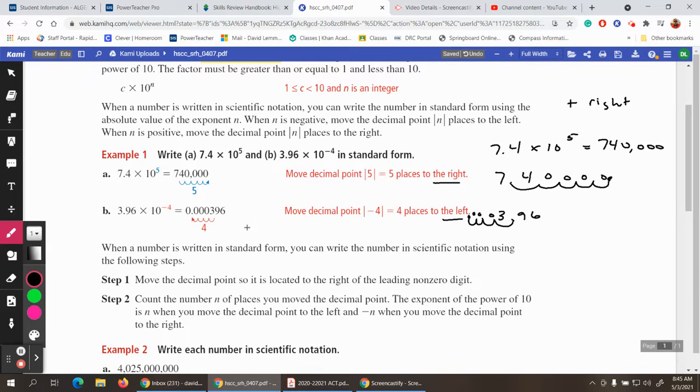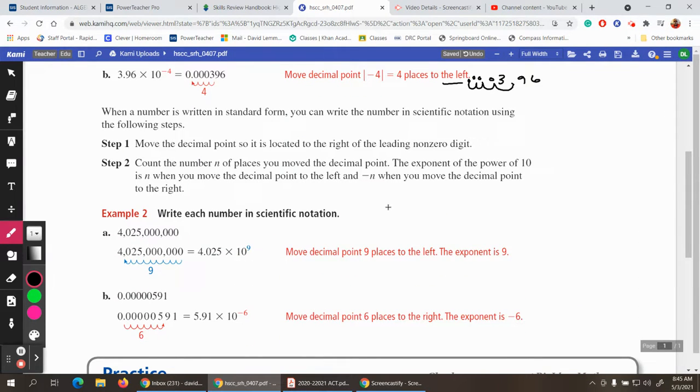Okay, and then whenever you have the big number, I always start from the left. So what you want to do is isolate the number, and it won't always have commas there. You want to isolate the number starting at the number just behind the first number, and that is where I'm going to put my decimal.